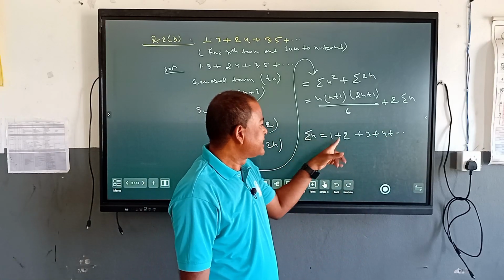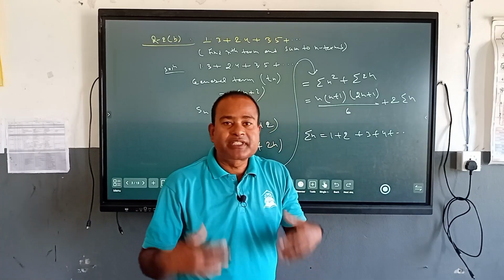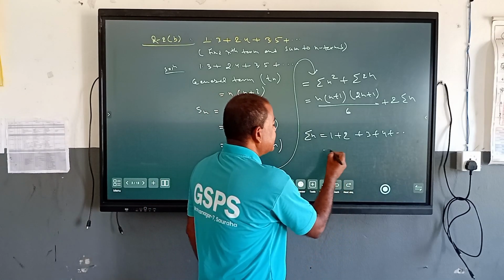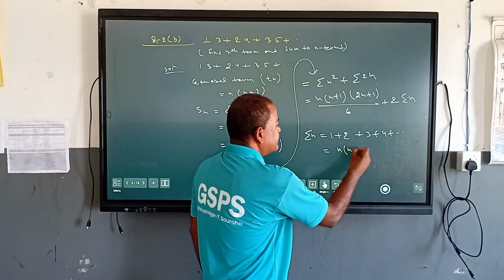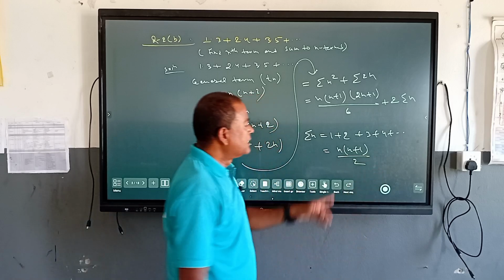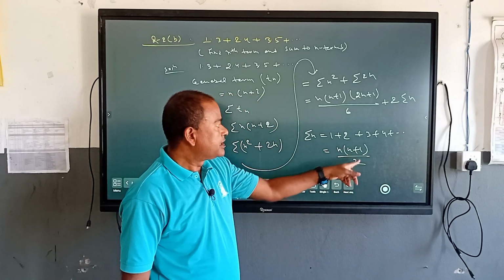That means summation n represents the sum of the first n natural numbers, and it is given by the formula n times n plus 1 divided by 2.